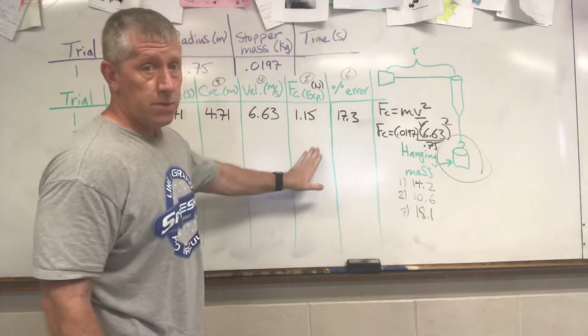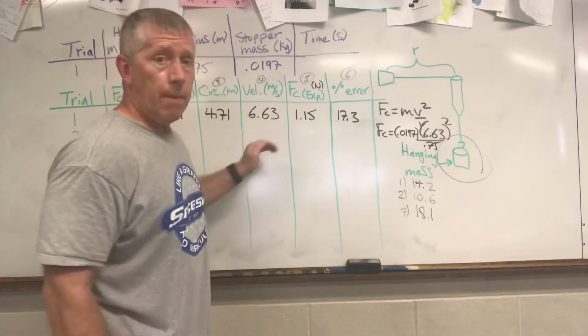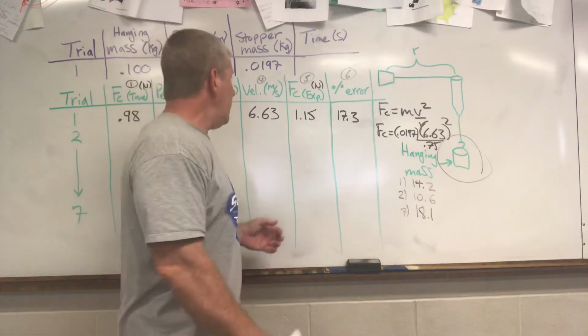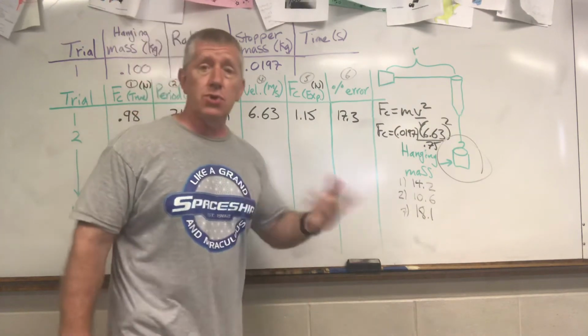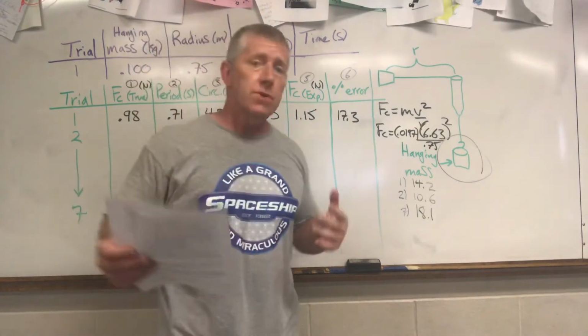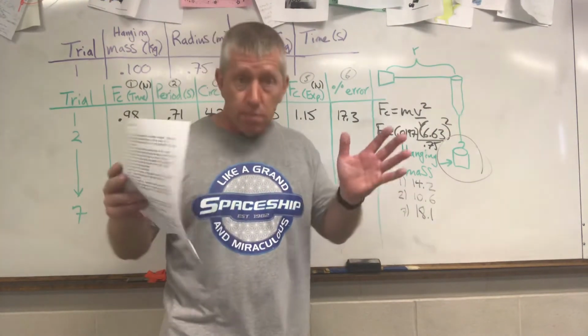We're going to use the experimental centripetal force, not the actual. So you're comparing these numbers. Just come up with a relationship. What happens to the amount of force when you have a faster velocity? Does it go up? Does it go down? If they both go up, direct. If one goes up and one goes down, indirect.